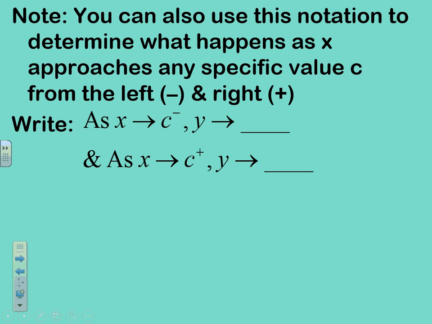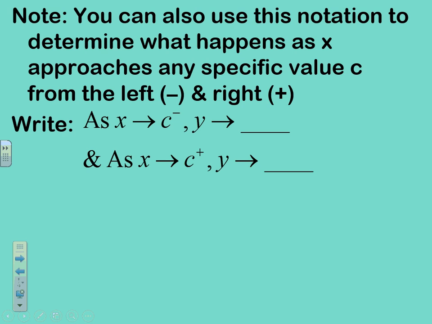Now here, this is a new set of notation. This is another thing that we're going to be working with in rational functions, and it's still talking about end behavior, but it's a little bit different. Because we can have a vertical asymptote, meaning there's something that's making the function undefined at a certain point, we want to know, how does the function behave as it approaches that particular asymptote?